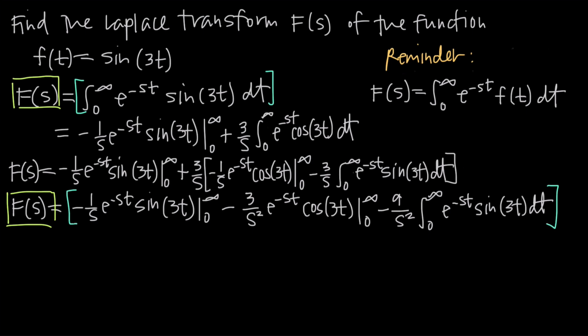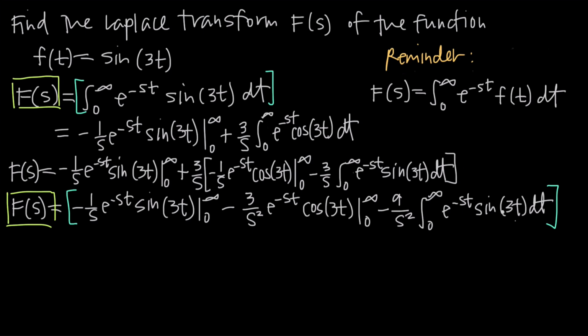And the reason that that's helpful is because when we set these equal to each other, we have this integral, the integral from 0 to infinity e to the negative st sine of 3t dt, on the left-hand side of our equation, and then on the right-hand side of our equation, we have the integral from 0 to infinity e to the negative st sine of 3t dt. In other words, we have the exact same two integrals.